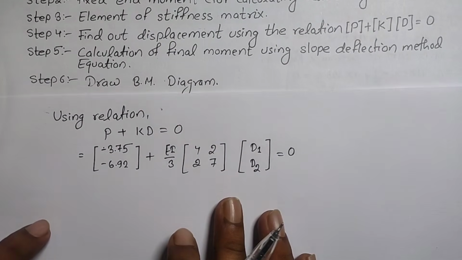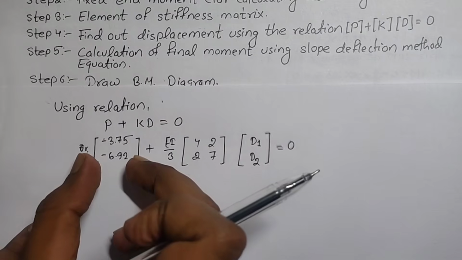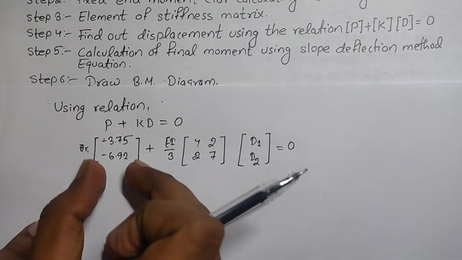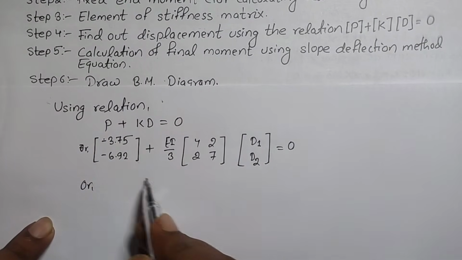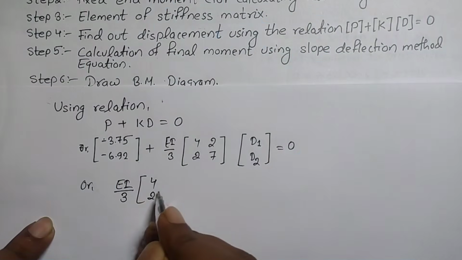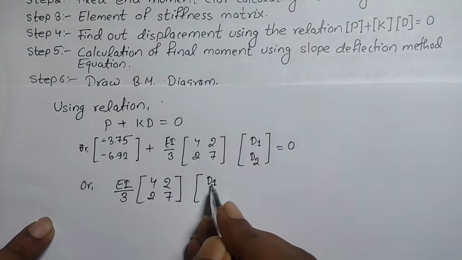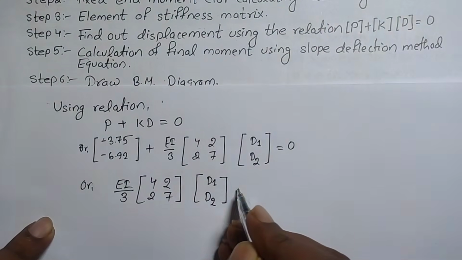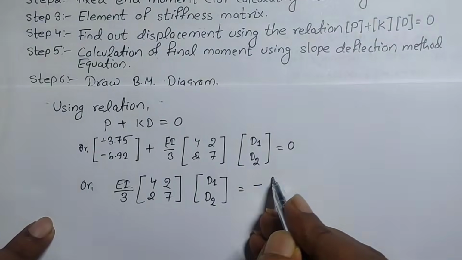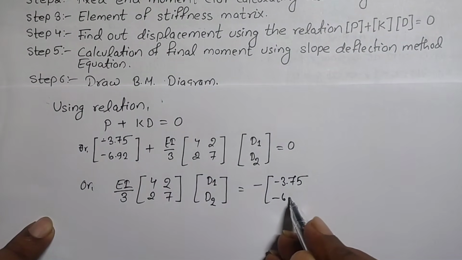Now guys, let us do some solution here. If we bring this P to the other side of the equals sign, then we will have EI by 3 times 4, 2, 2, 7 times D1, D2 equals to minus of minus 3.75 and minus 6.92.